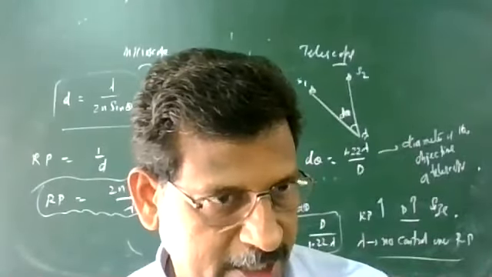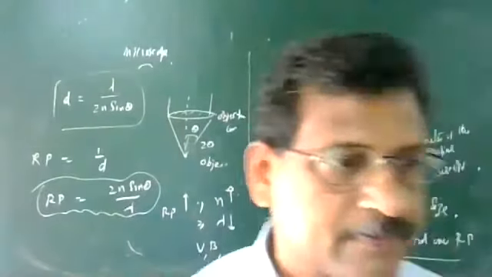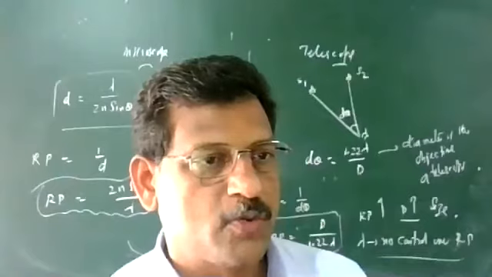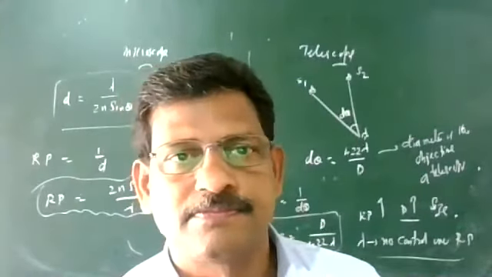Remember the name Cassegrainian type. What are the different parts of a reflecting type telescope that you have to remember?